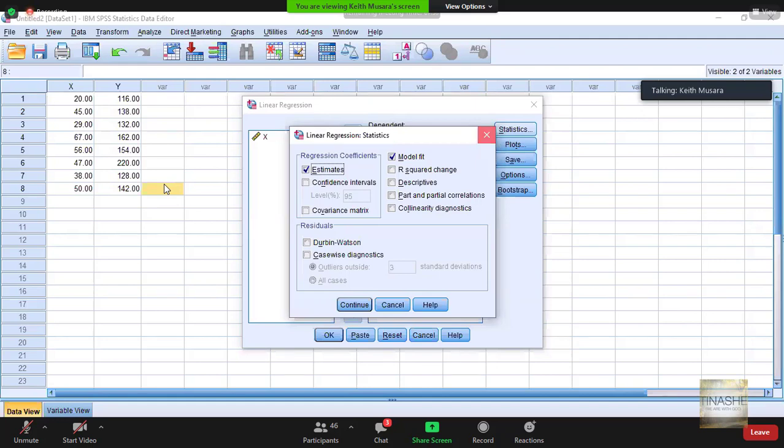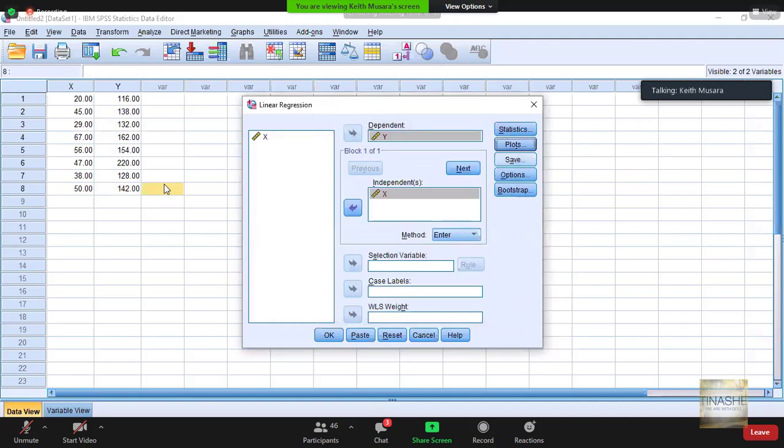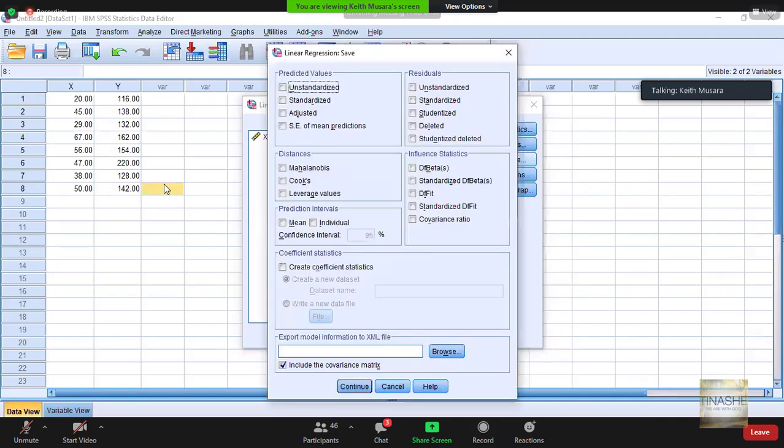And we talked about assumptions of linear regression. You should be able to construct some plots so that you can validate how good the model is. There's a lot you can save, different types of distance measures. You can save different types of residuals. We're going to talk about that.